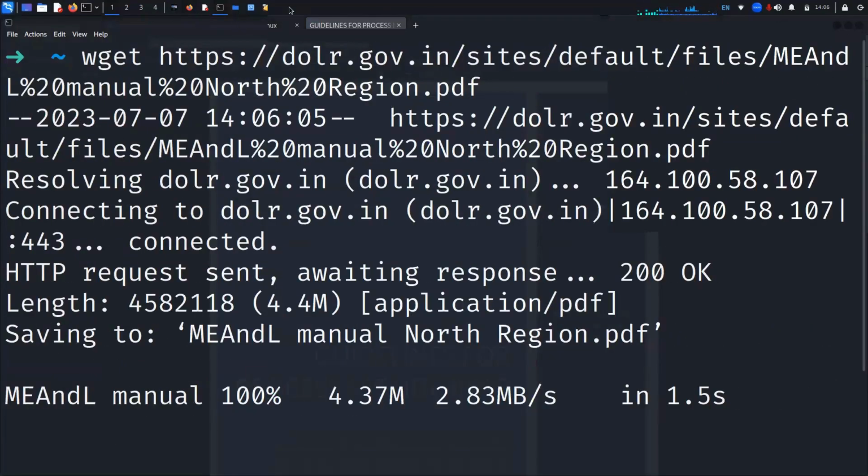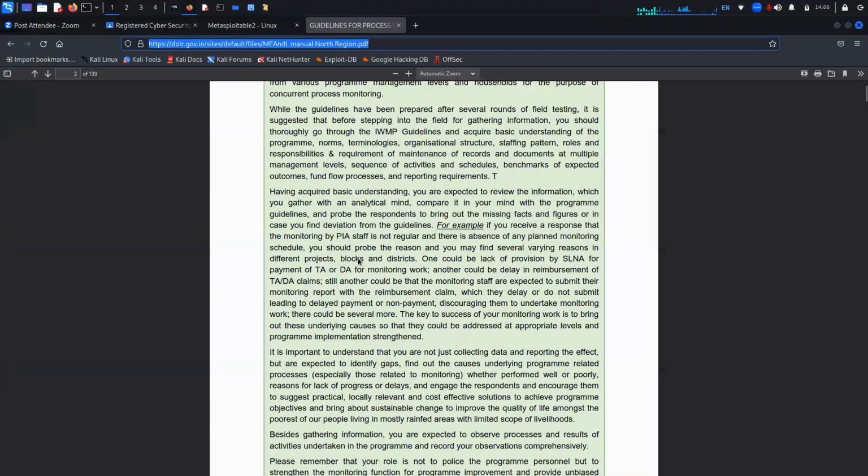I have a PDF hosted somewhere. This is a public PDF that I have here.